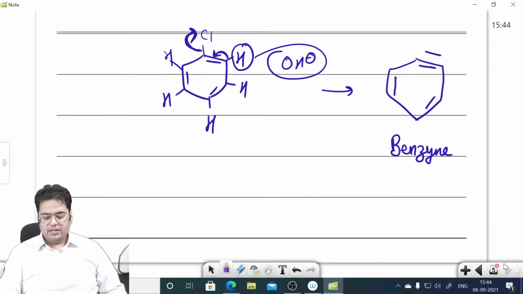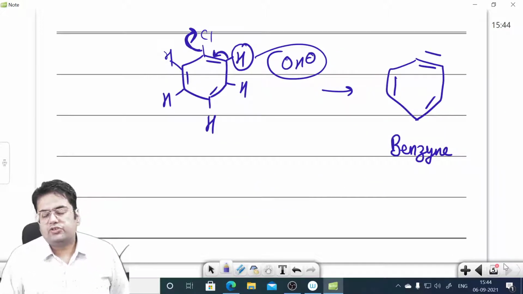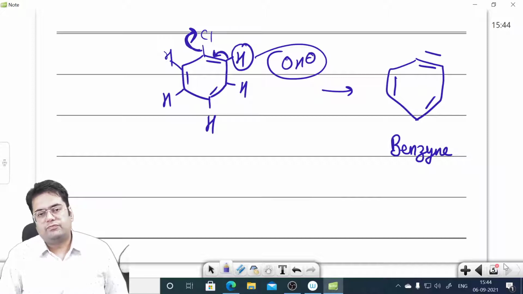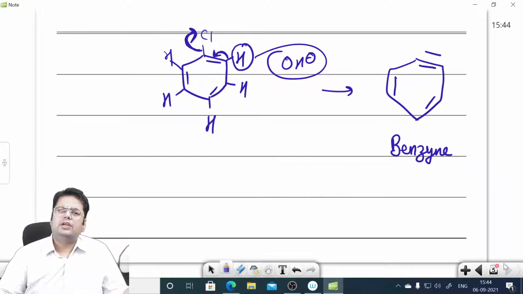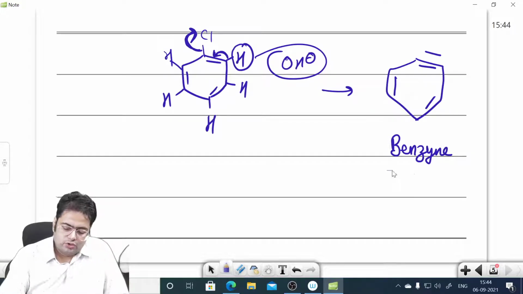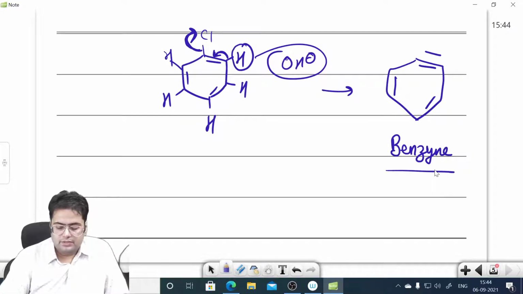And that is why we provided 623 Kelvin of temperature for this reaction, and under high pressure also. So these are actually known as drastic conditions. So this is my benzyne.